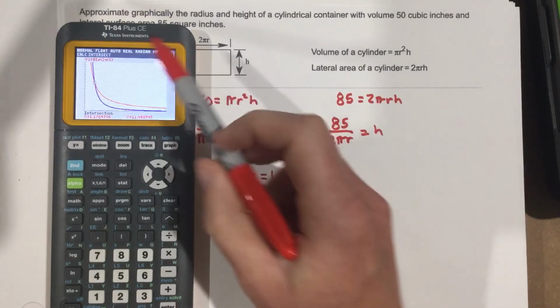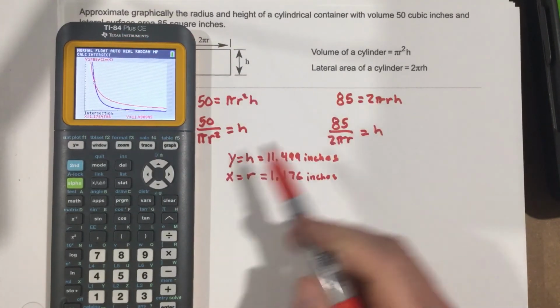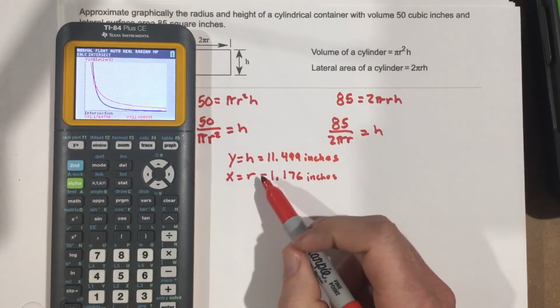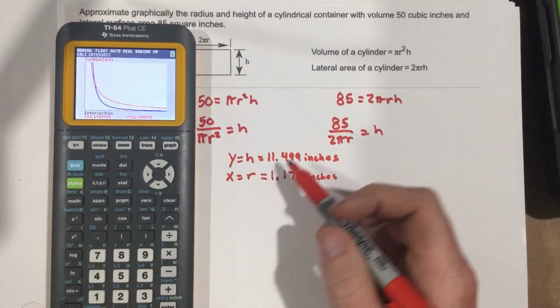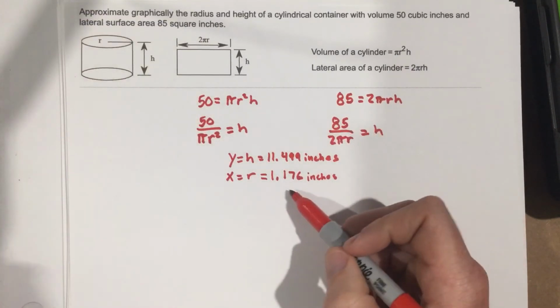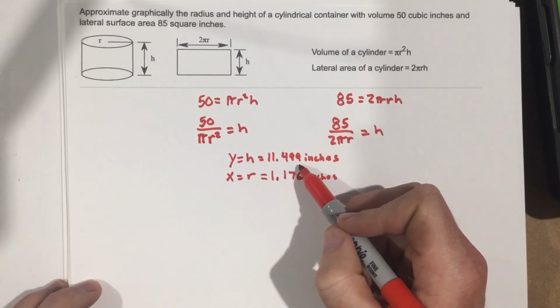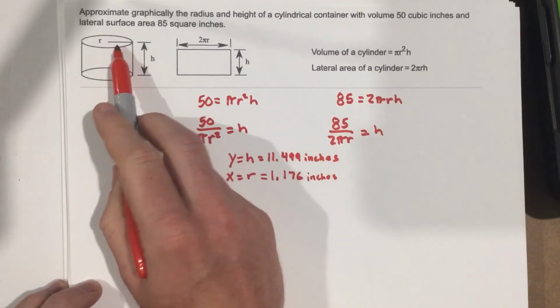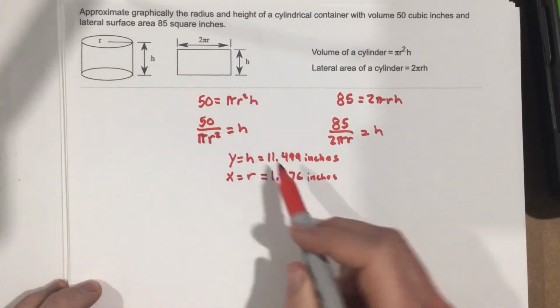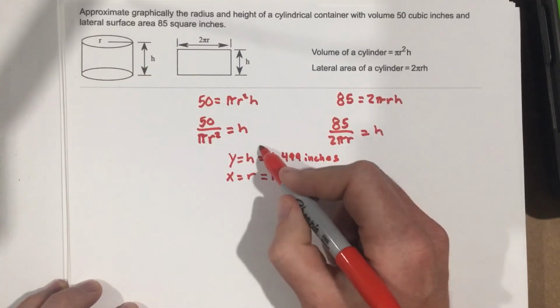So when we solved this graphically, we found that our r value for this cylinder is 1.176 inches, and our h value is 11.499 inches. So the radius here is about 1.2, and the height is about 11.5 inches.